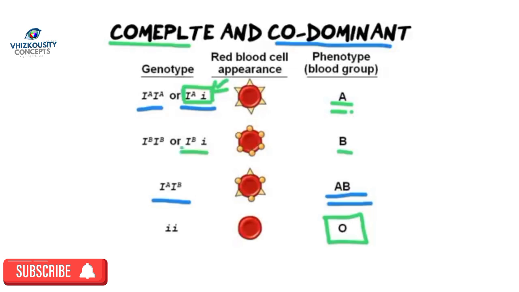If there is just one capital I with a B, it automatically means that that person will be blood group B, and we can ignore essentially this lowercase i because it's a recessive allele, it's masked. That then means that the only way you can be blood group O, if you are following this law of dominance, is you need to have two lowercase i's. You need to have two recessive alleles in order to have this characteristic.